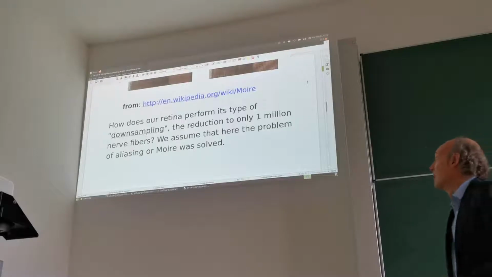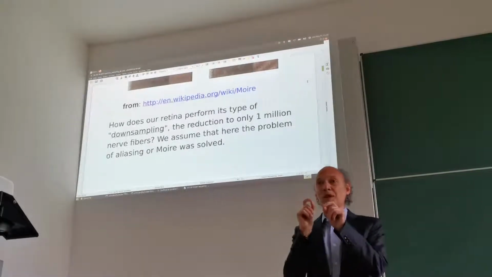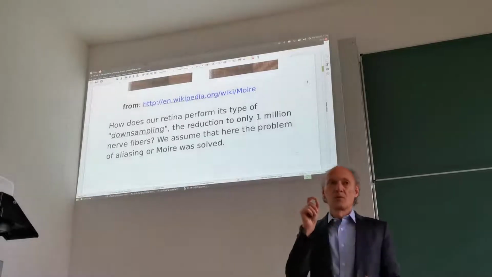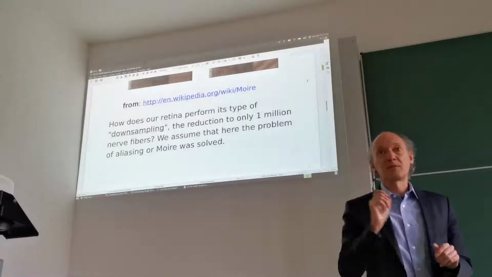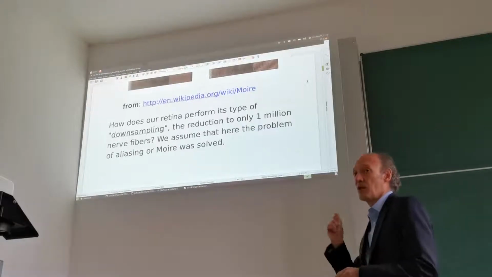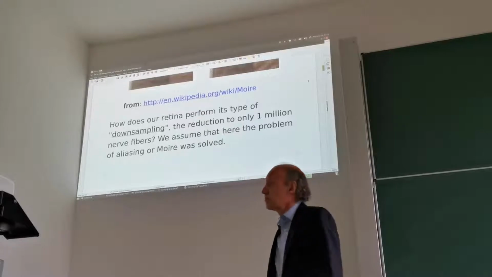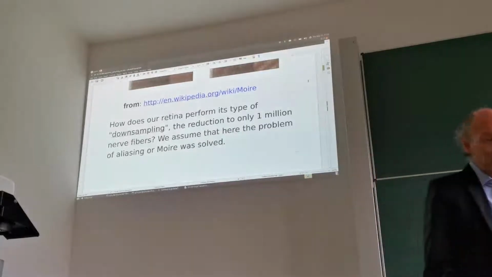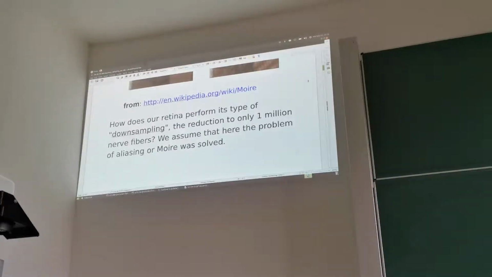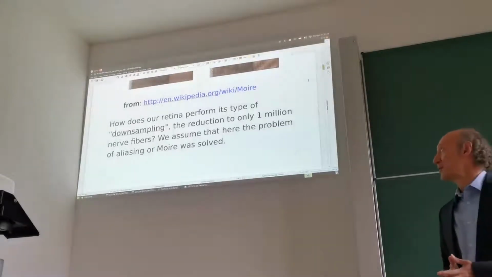So how does our eye do it? The eye is also sampling the image at the point where it has those light-sensitive cells, the rods and cones. So basically our eye has the same problem. You can also see that by looking at the number of nerve fibers going from the eye to the brain.